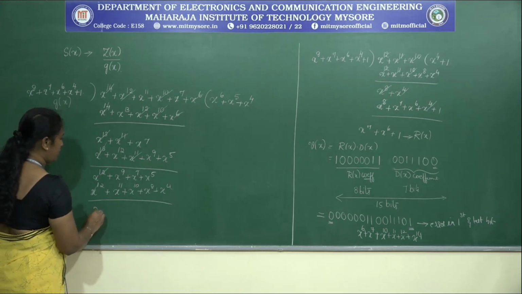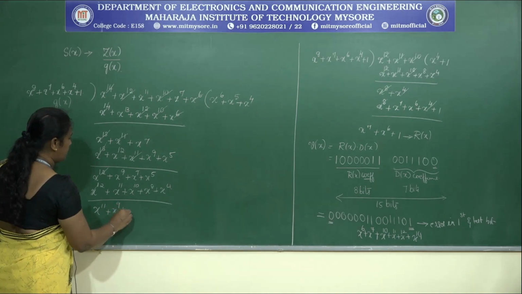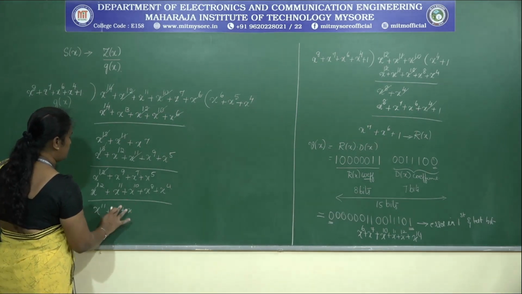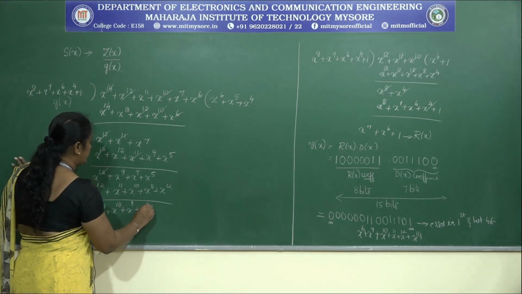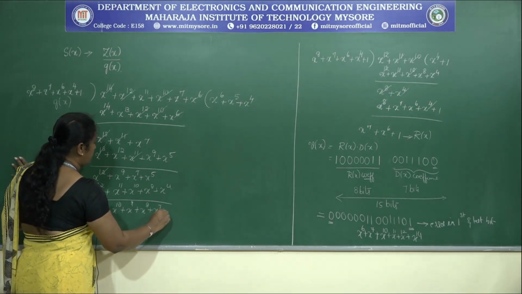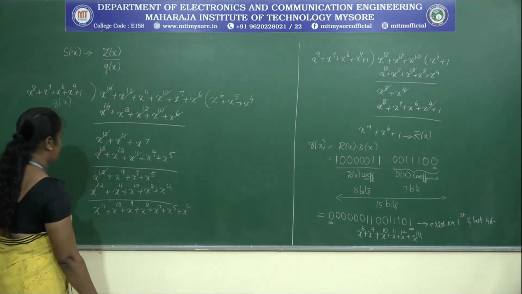So we have x to the power of 11, 9, so x power 10, 9, 8, 7, 5 and 4.